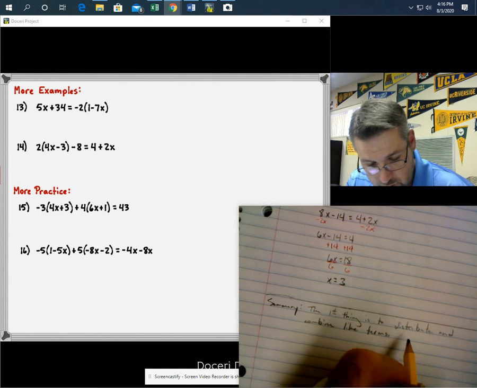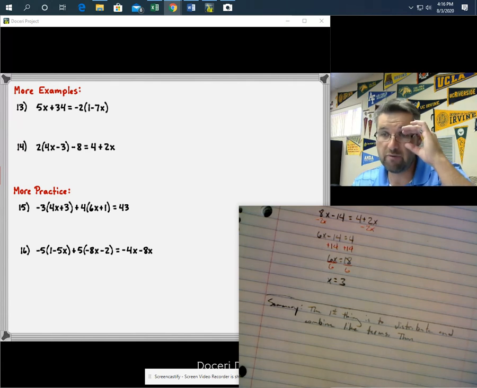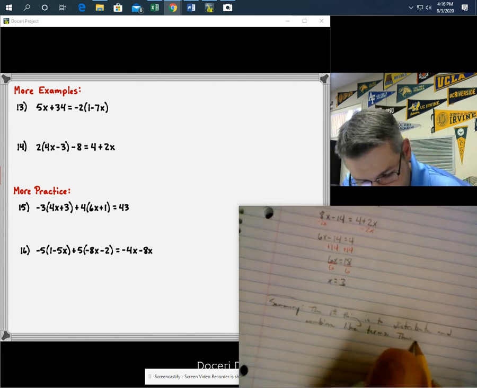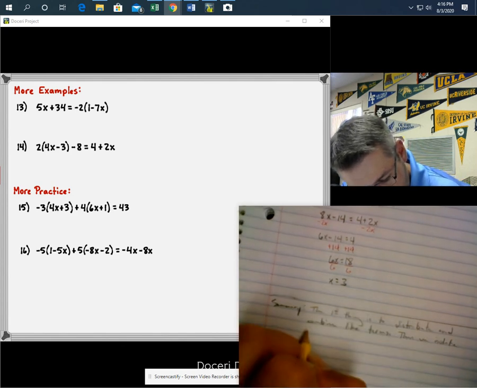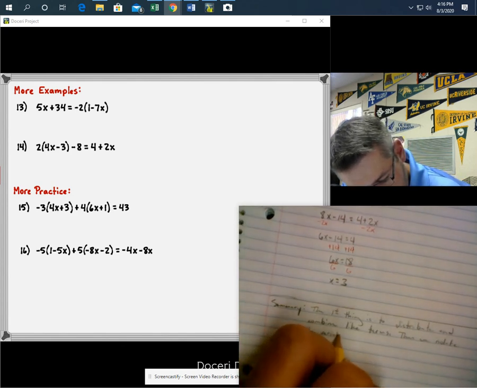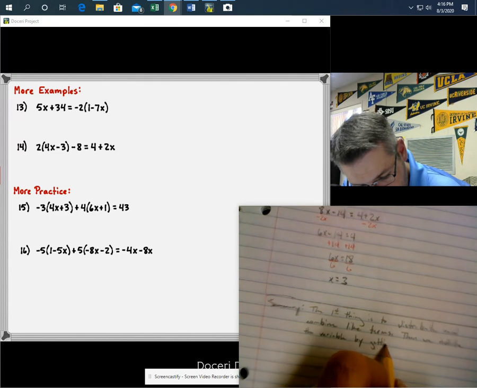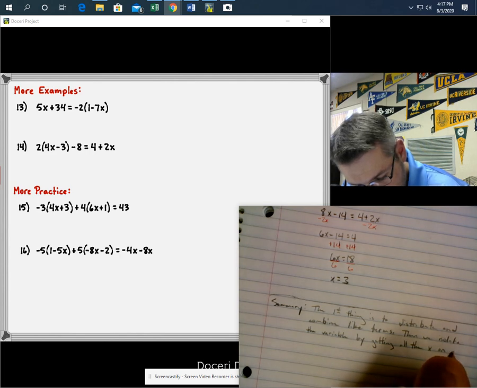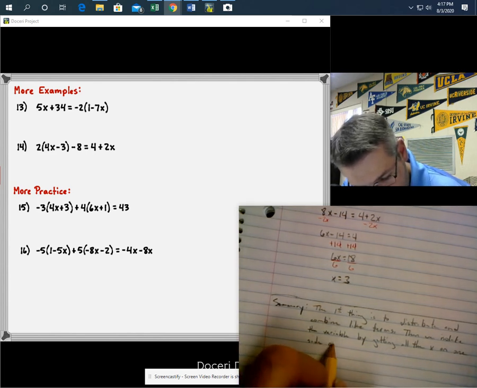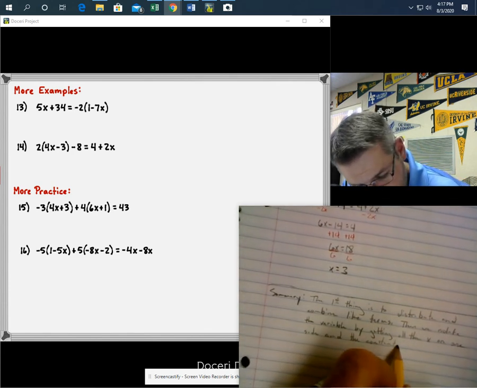The second thing we need to do is, however you want to say this, it is your summary for you, then we isolate the variable, and we do that by getting all the x's on one side and the constants on the other.